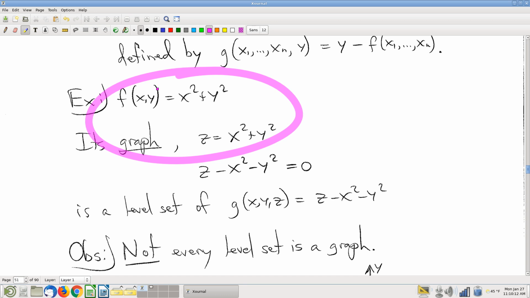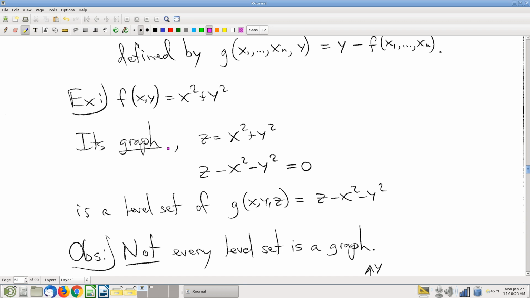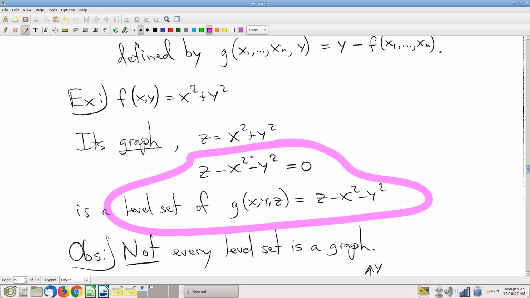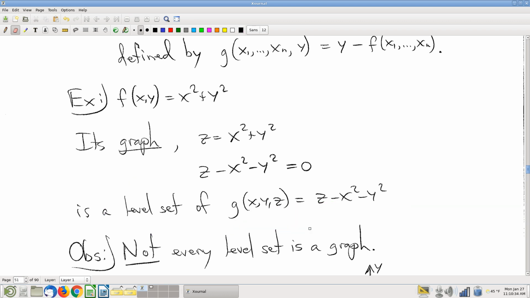And then you're like, oh, but I don't have it written as a level set. I have it written as a graph. I can't apply the calculus of level sets to a graph. That's bonkers, right? But this trick allows you to take something given as a graph and reinterpret it as a level set. And so then to this function, you can apply the calculus of level sets. So it's a really useful trick.